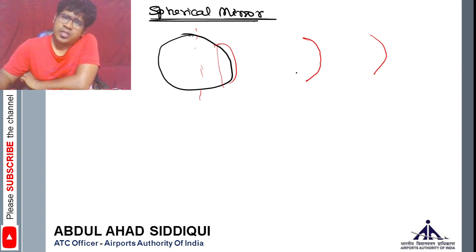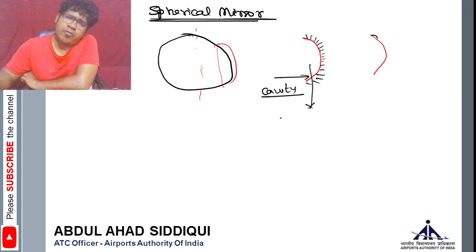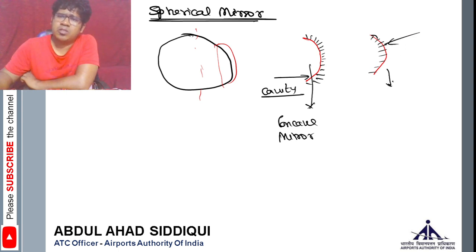So there are two things. This is the portion which is the cavity, like we say there is a cavity in teeth, and this is the convex portion. If you polish the convex portion and your reflection is happening at the concave cavity portion, then this mirror becomes a concave mirror. And if you polish the cavity, then your reflection appears at the other end, so this mirror becomes a convex mirror.